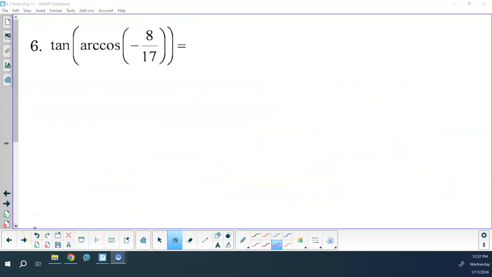You find me the tangent of the arc cosine of negative 8/17. Which quadrant do I want to be in? Quadrant 2 triangle, I should say. We're just going to make my theta be there, still adjacent over hypotenuse.